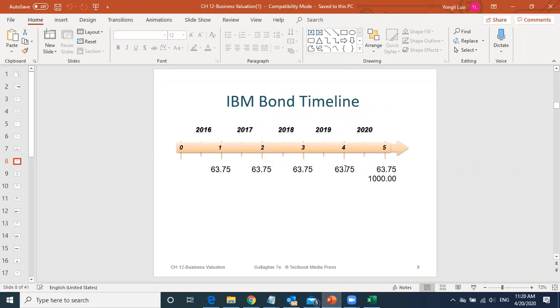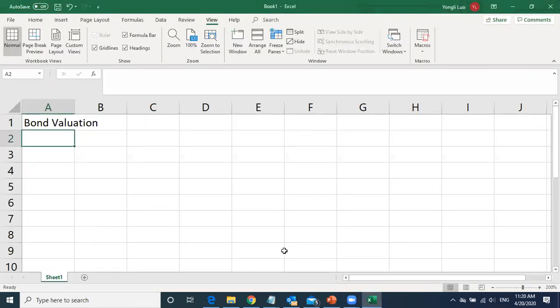And we have how many years, and we have the par value or principal. The par value is also called the face value, or you could say principal payment at maturity.